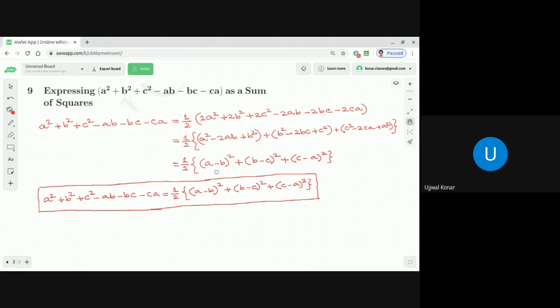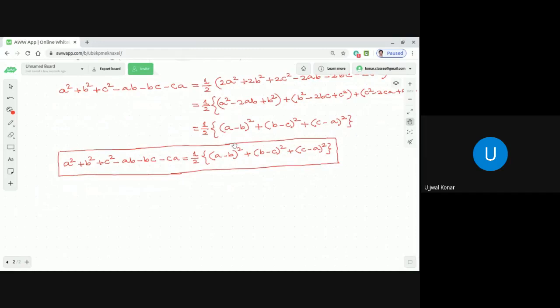I hope you got it, dear students. You take a, b, c any real numbers, then (a minus b) whole square should be positive, (b minus c) whole square should be positive, (c minus a) whole square is also positive. So if we add all these positive terms, that is also positive. Now divide this by 2, that is also positive.